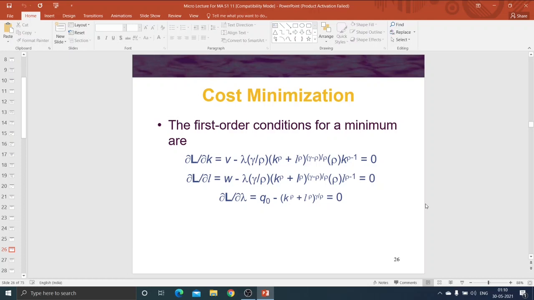That is why you have K^rho plus L^rho. If that is the case, you may have different propositions, not necessarily sticking to degree 1. You may have different degrees, even degree 2, degree 3, or whatever.